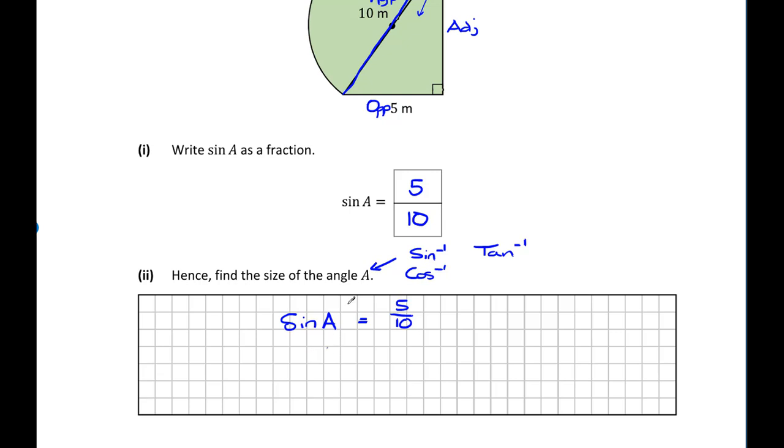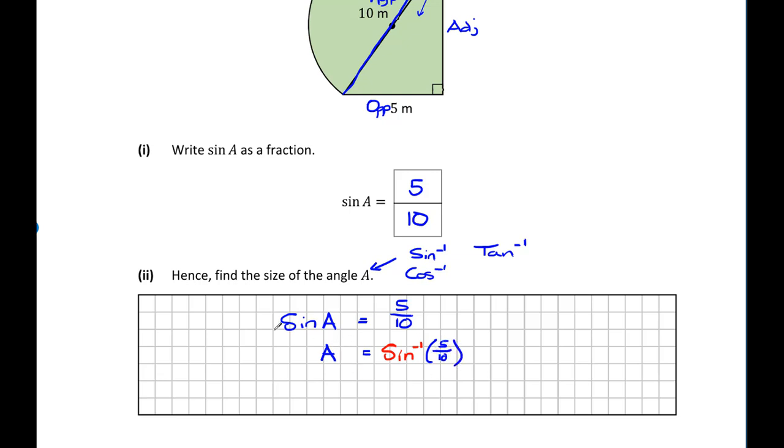We just want A, so we're getting rid of sine. How do you get rid of sine? You do sine inverse of the other side, which is 5 over 10.